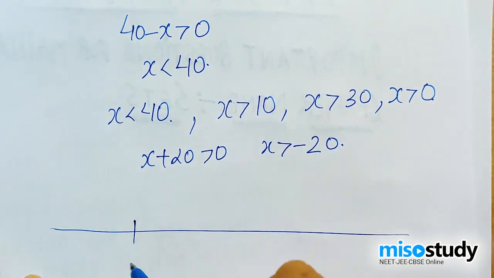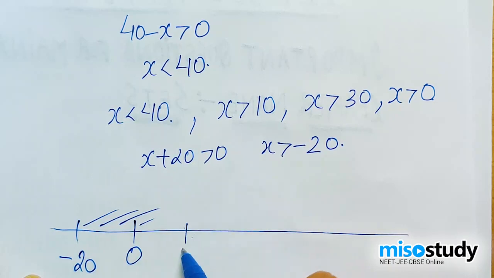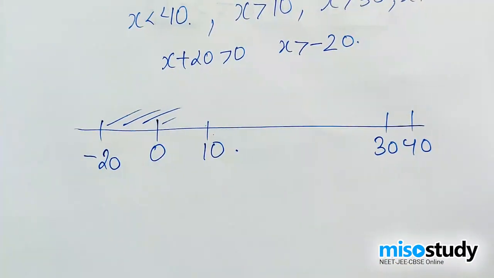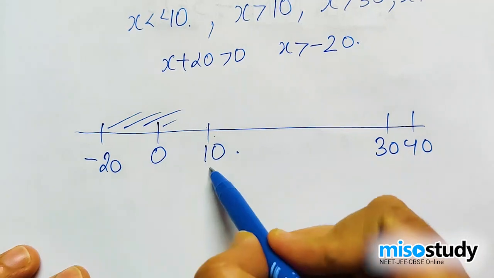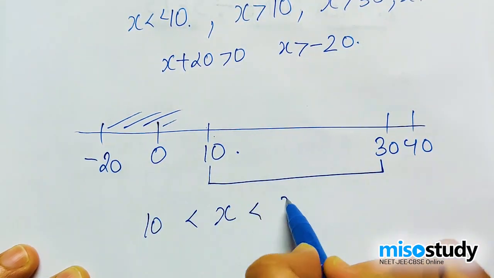If you see X greater than minus 20, X greater than 0, X greater than 10, X less than 40, X less than 30, and combine them all to see what will be the simultaneous condition, that would be X lies between 10 and 30.